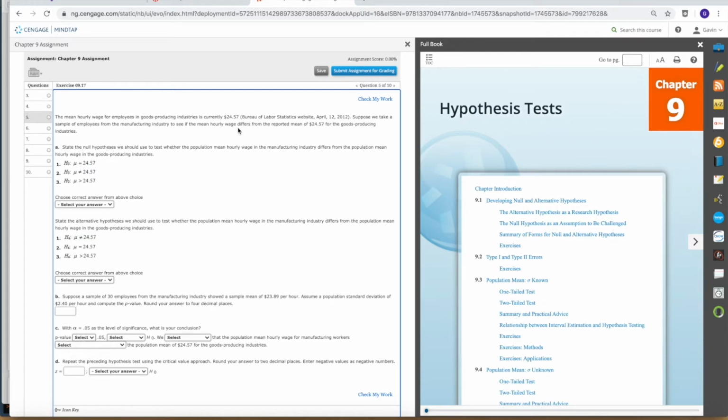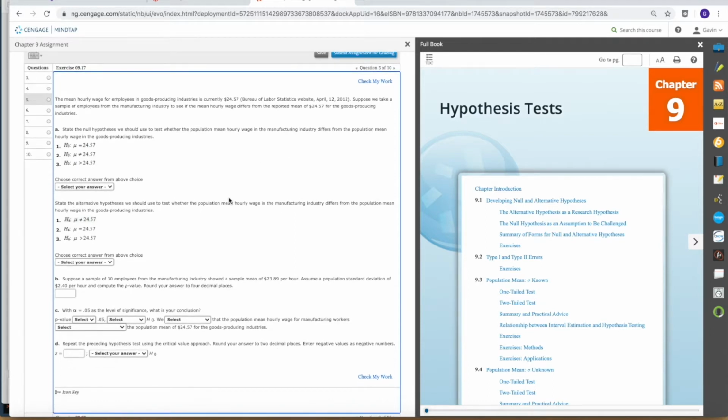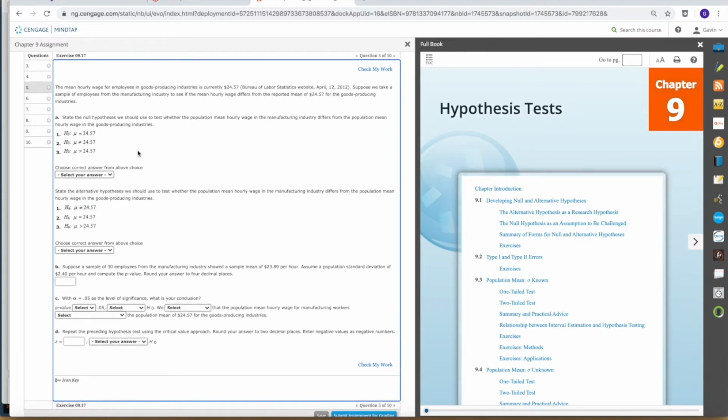Now, I read "differs from" loudly because that's kind of our key word that tells us how to set up the hypotheses. So if I was doing this in my notes, I'd write mu equals true population average manufacturing wage.